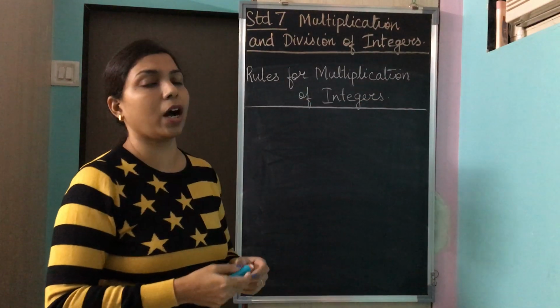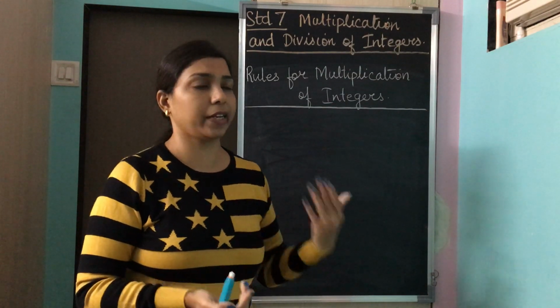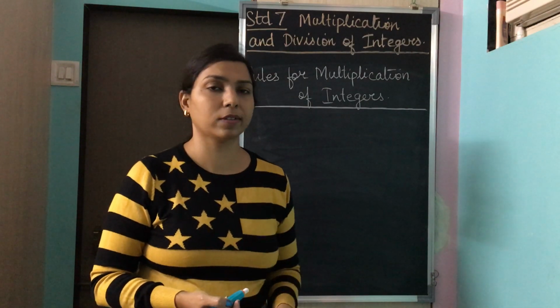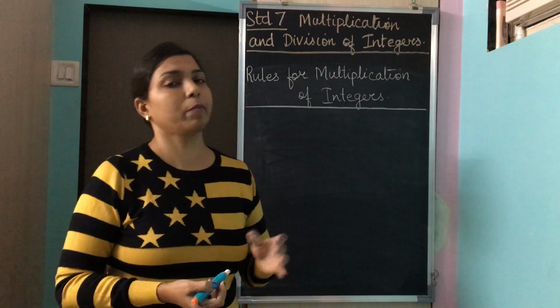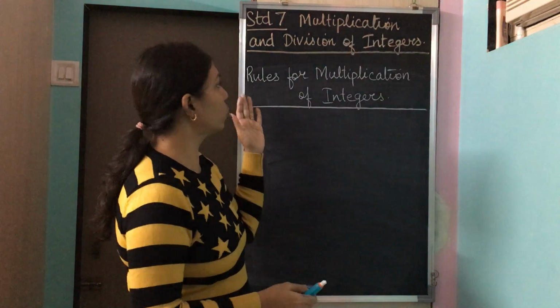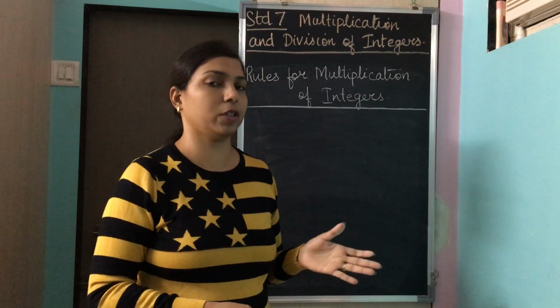Now when we are doing any operation on integers, whether it is addition, subtraction, multiplication or division, there are certain rules which we have to follow, based on which we can get our answers. So there are rules for addition, for subtraction, for multiplication and for division.